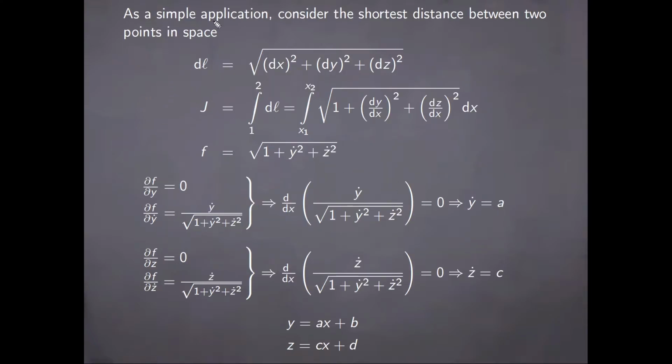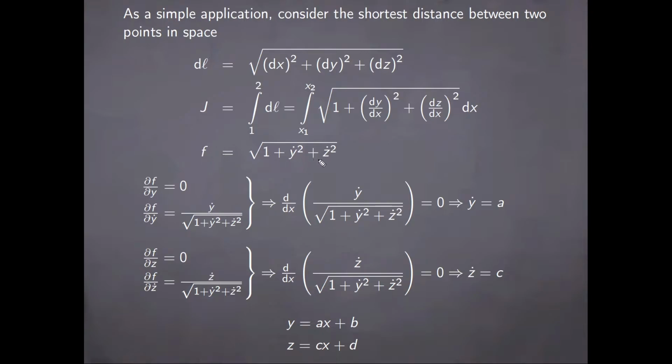As a simple application, we can consider the shortest distance between 2 points in space. The line element is simply the Euclidean distance between the points, but this time we consider it in three-dimensional space, and then we can write the line integral as a two-dimensional functional depending on the parameter x.